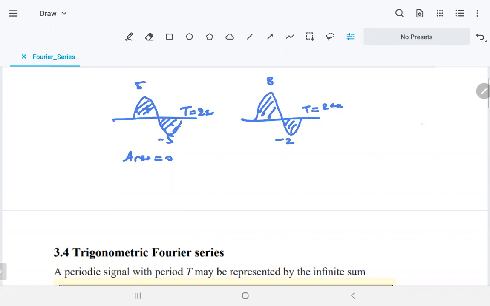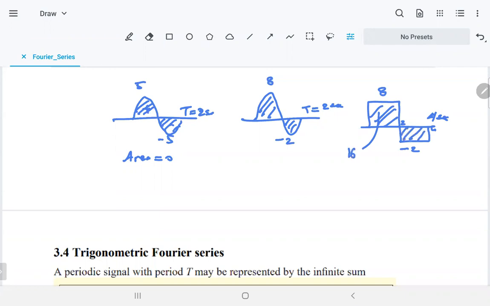But if it was a square wave, let me do that just to make it simple. That's 8 and that's negative 2, and let's make the period 4 seconds, so 2 seconds each. The positive area is 8 times 2, which equals 16.